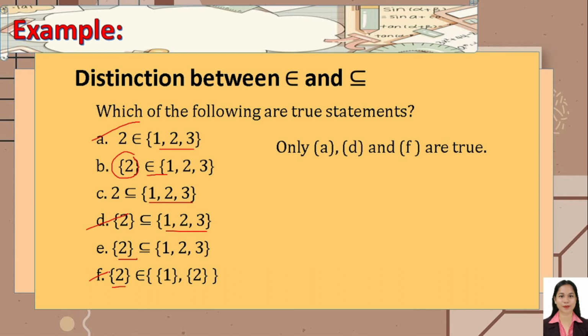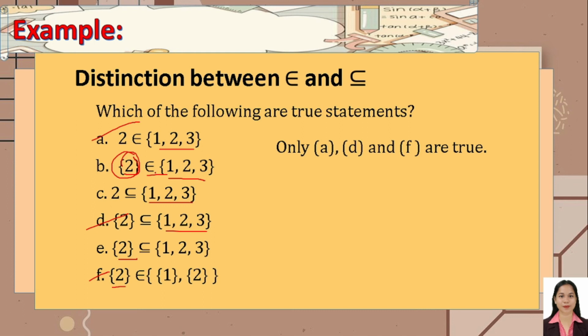Why? Because for B, this set would have to contain the element of this one. This is a set because it has brackets, and this one is also all inside brackets, meaning it is another set.